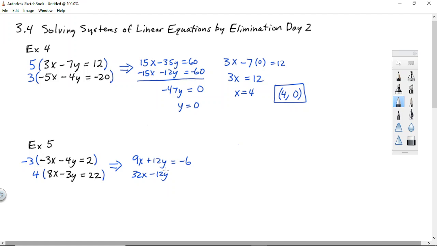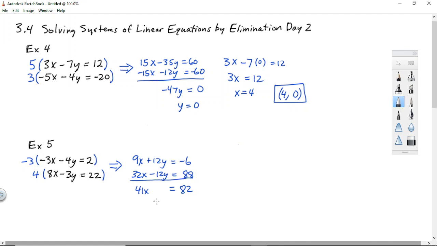And 4 times 22 is 88. Now we can combine these, add them together. 9x and 32x is 41x. The y terms go away, of course, and that equals 82.